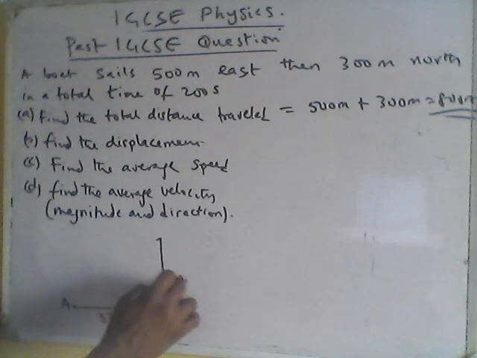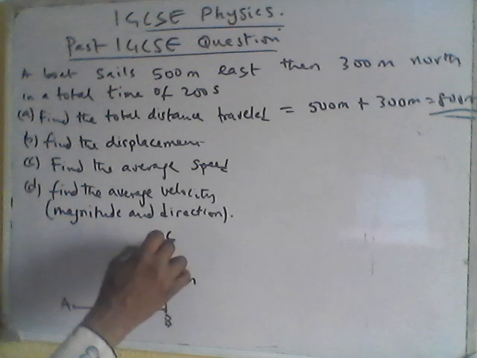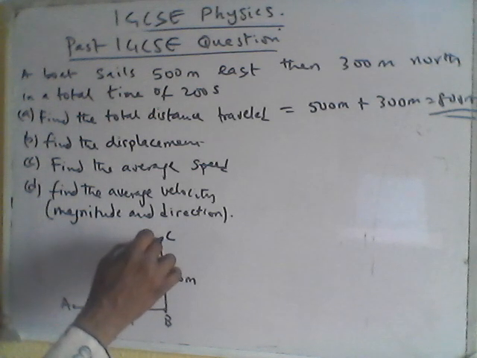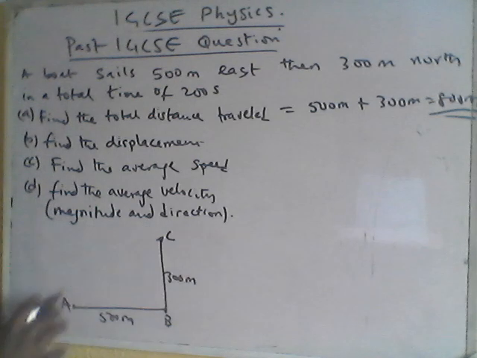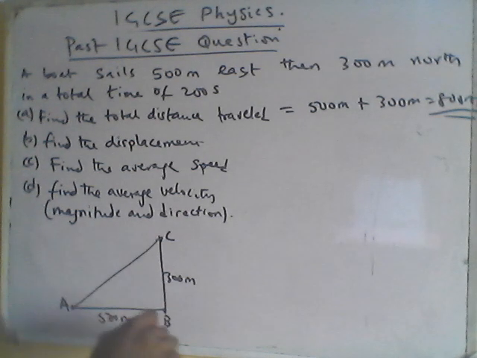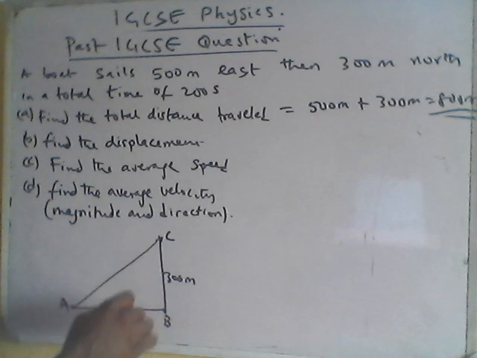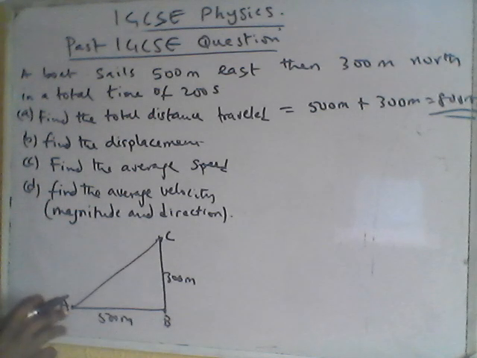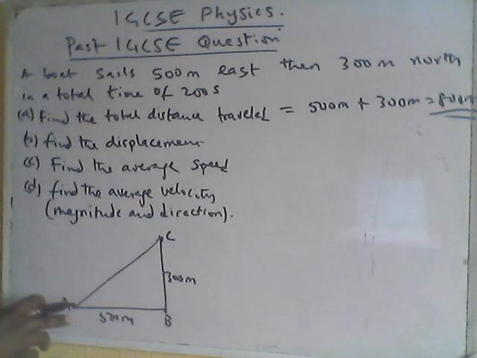So this final point is the last point it got to. Displacement of this body is the shortest distance between where it started from and where it ended, on a straight line. We are not regarding all the maneuvers it made. We are just looking for the change of position.